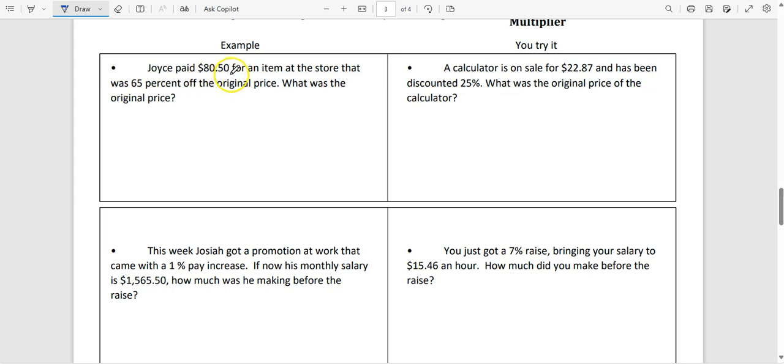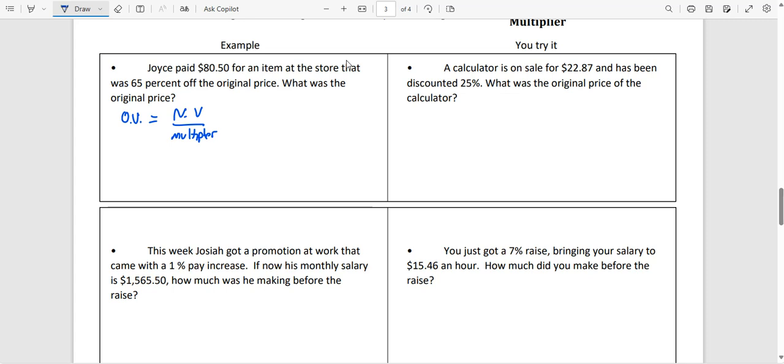Joyce paid $80.50 for an item at the store that was 65% off the original. What was the original price? So we can get the original value equals the new value divided by the multiplier.